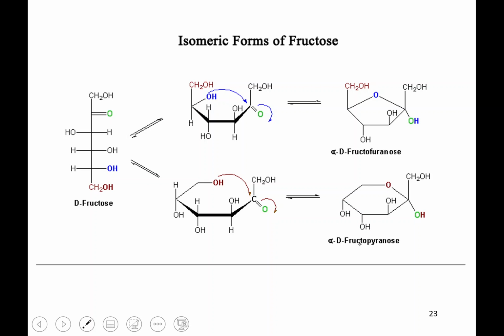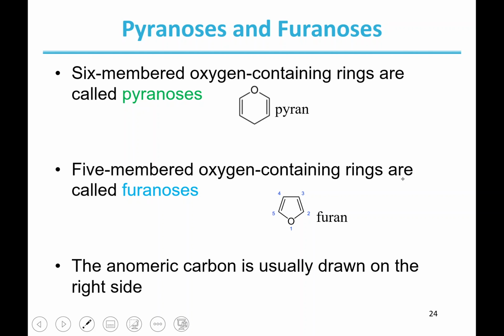Right? A 5-membered ring form of a sugar is called a furanose. And where those names come from is that they look similar to some organic structures. So 6-membered rings, sugars that contain an oxygen in the ring, they have 5 carbons and 1 oxygen.